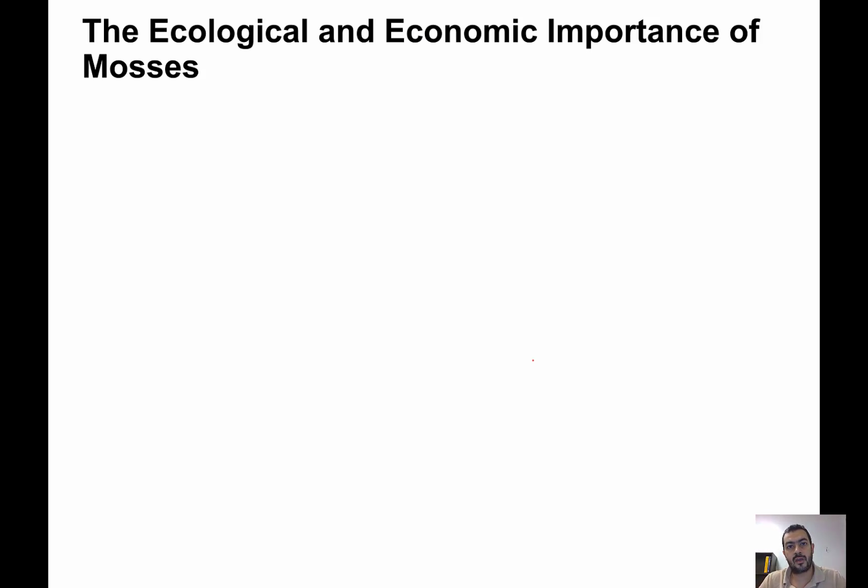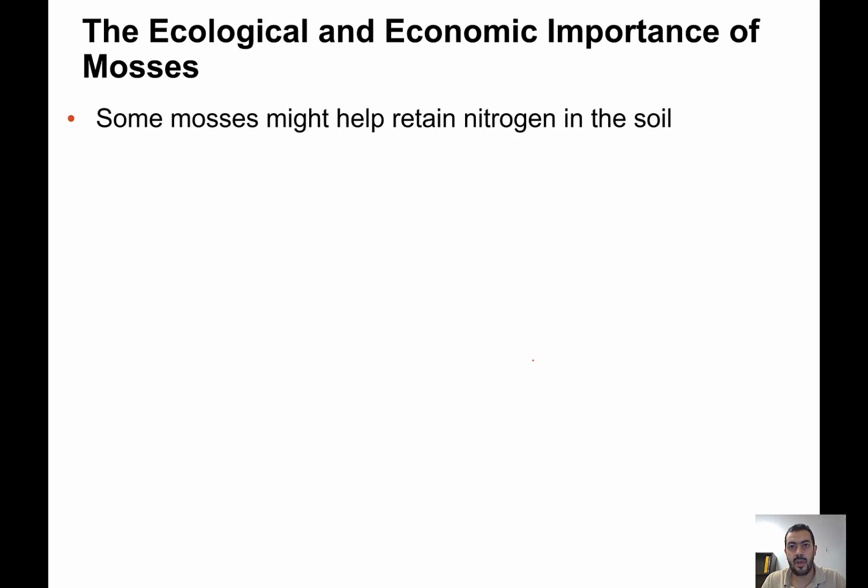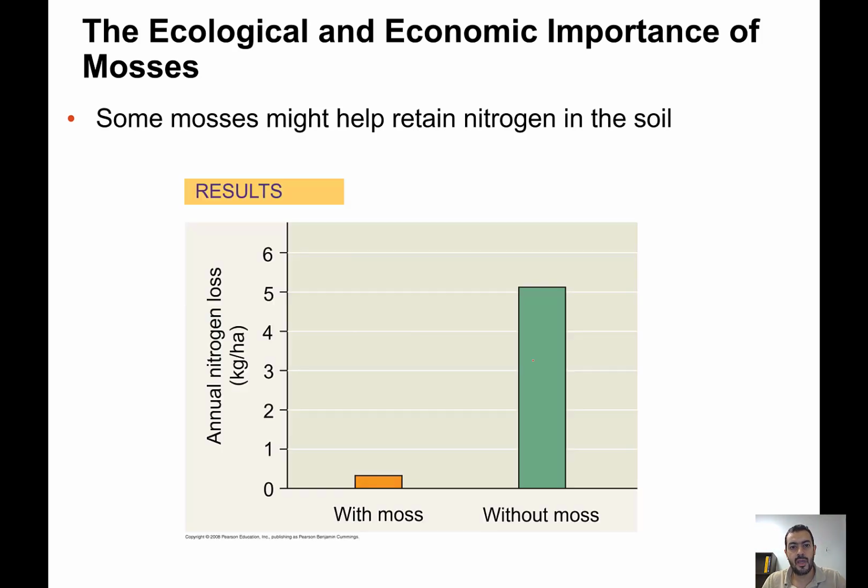Once we come to the ecological and economical importance of mosses, although mosses are not hugely distributed on land on Earth, and one reason for that, as you can see, is because they are dependent on the presence of water, and because of that they were not very good colonizers of different areas on land. However, they still have some economical and ecological importance, and many studies have shown that they are important in retaining nitrogen in the soil.